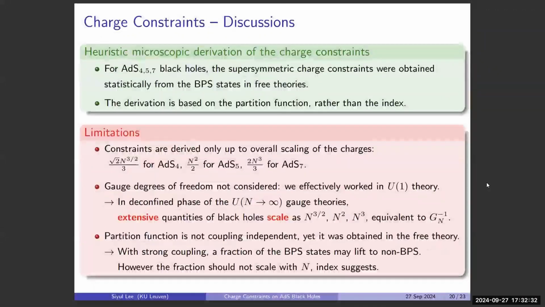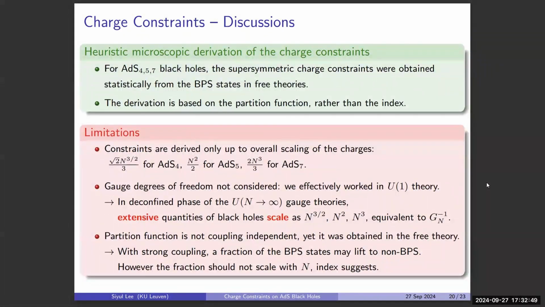So there are 3 limitations. However, a possible resolution to these 3 points might be related to each other. For one thing, we have effectively worked in a U(1) theory, but if we had worked in a U(N) gauge theory, where N is large, then what could have been different?